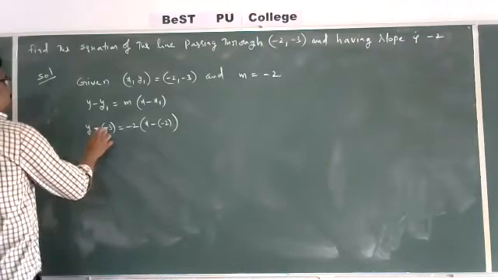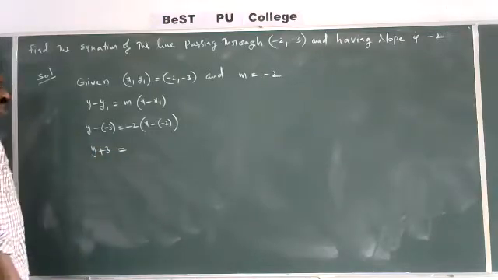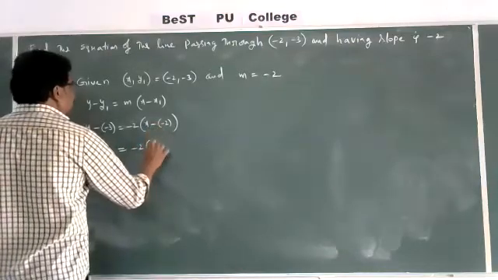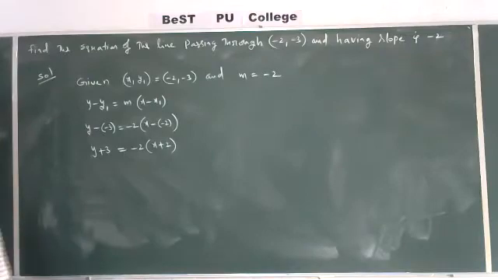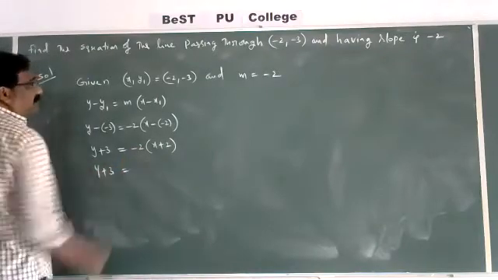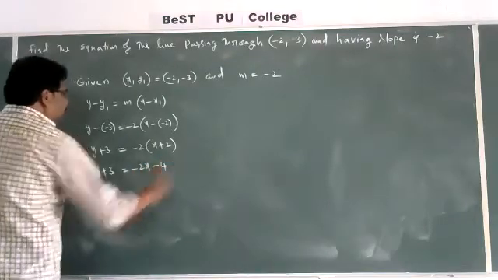Minus of minus is plus, so y plus 3 is equal to minus 2 into (x plus 2). Multiplying minus 2 inside the bracket, y plus 3 is equal to minus 2x minus 4.